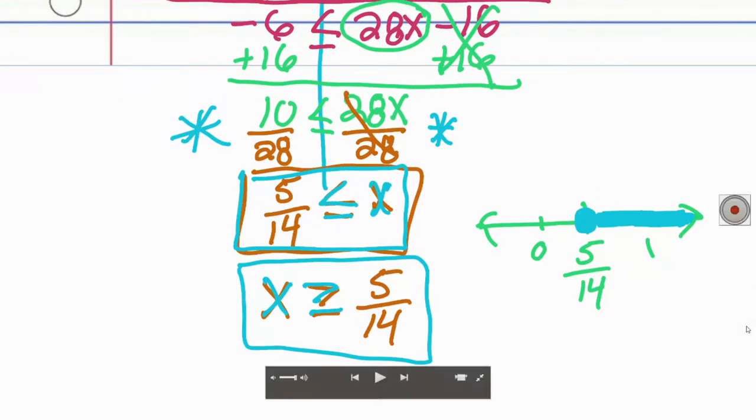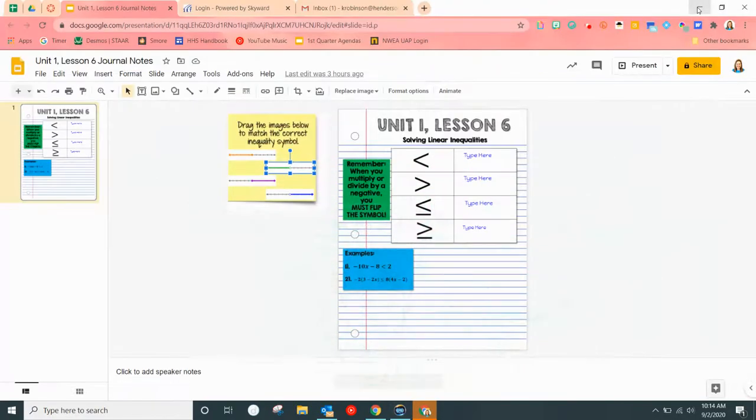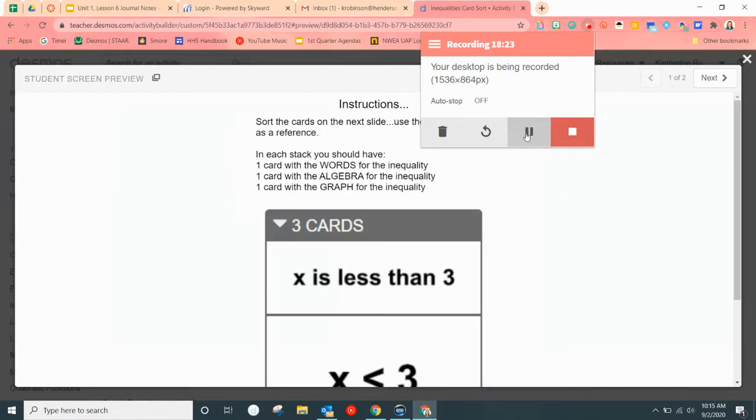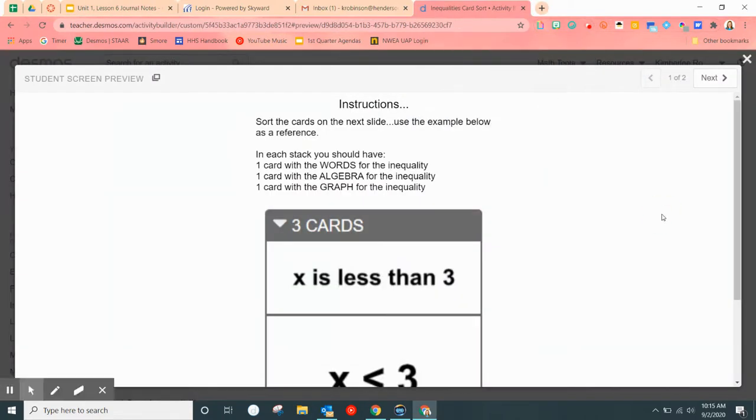So your next activity is actually going to be a Desmos activity. So let me get over there and I'll show you what you need to do on that. Okay, so for this activity, it's a Desmos, so there's no submit button at the end.